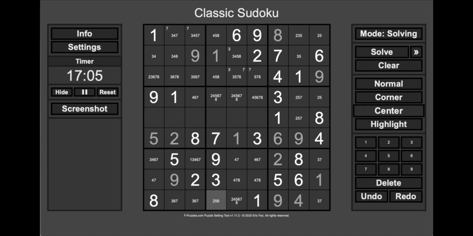Any of 2, 5, 6 I think are still possible. This one is not 4 or 6 or 8. 2, 5, or 7 are still possible.